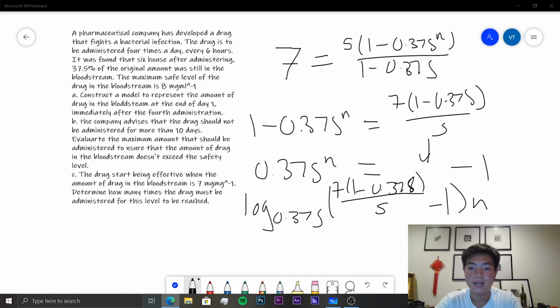Sorry, 7 times 1 minus 0.375 divided by 5 minus 1 divided by the logarithm of 0.375. And it's throwing an error. Why is that so?